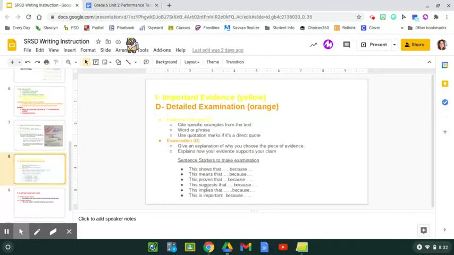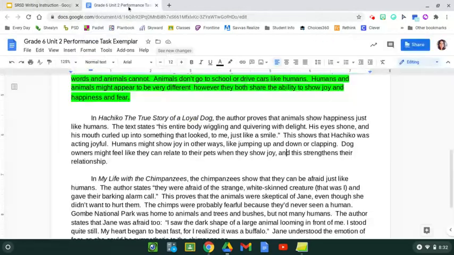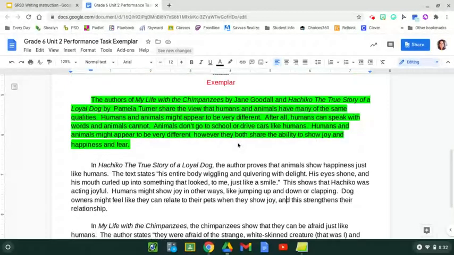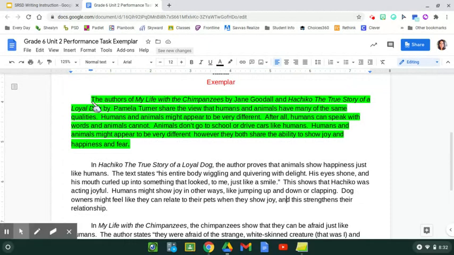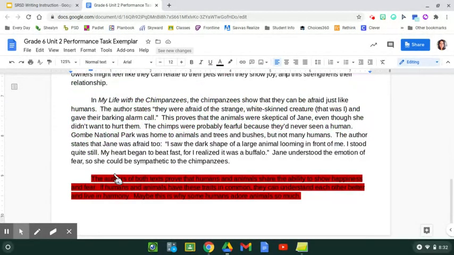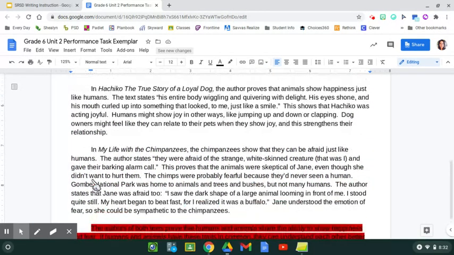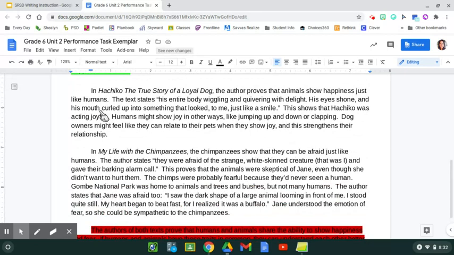So let's go into our exemplar essay that we've been looking at. You should have already highlighted the green, the topic introduction, and the red, the ending or the conclusion. So now we're looking at our body paragraphs, all the stuff in the middle.